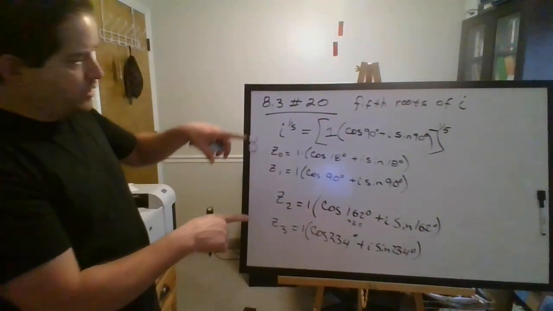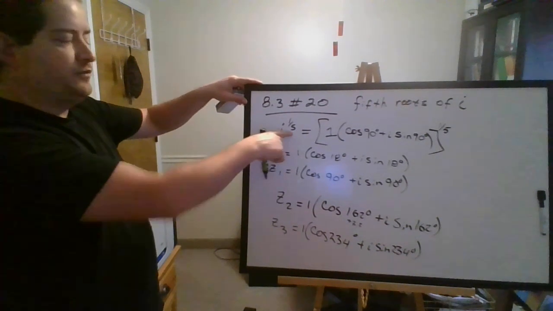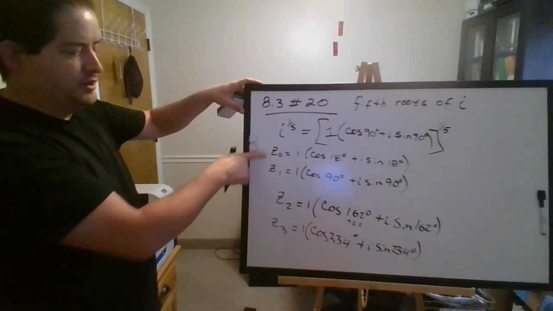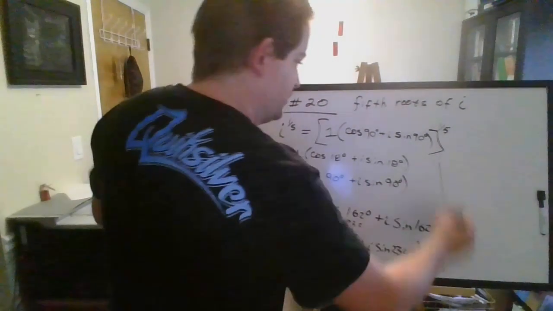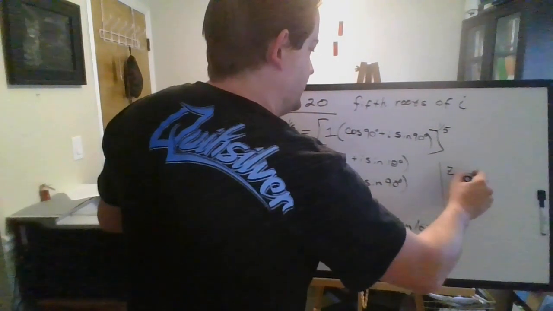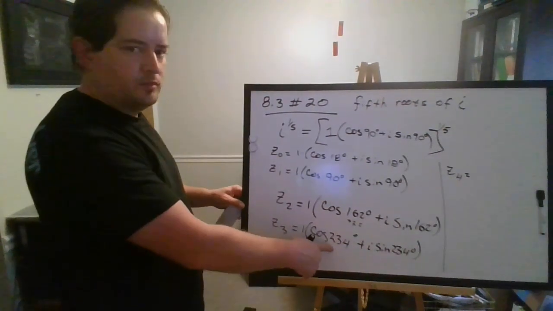And I have one more, right? I should have 5 total because it's the 5th root. I have my 0th as my first, second, third, fourth. So I'm looking for one more. Z4 is then just 72 degrees more than this one.